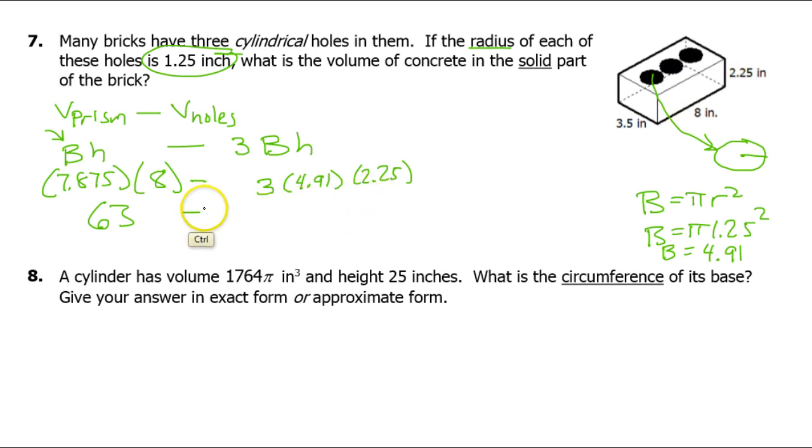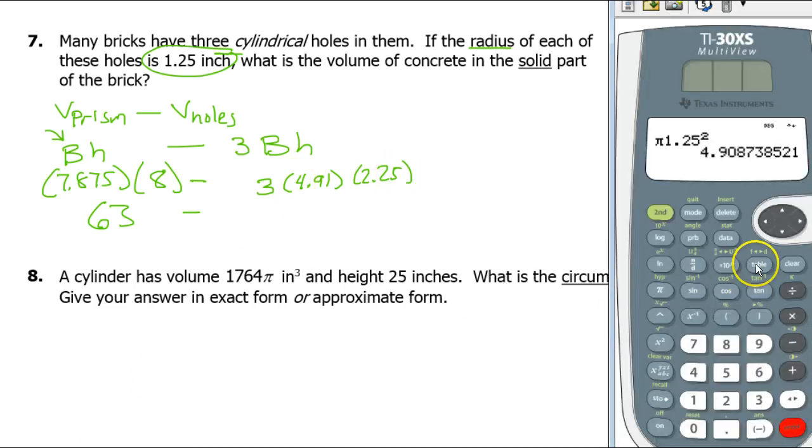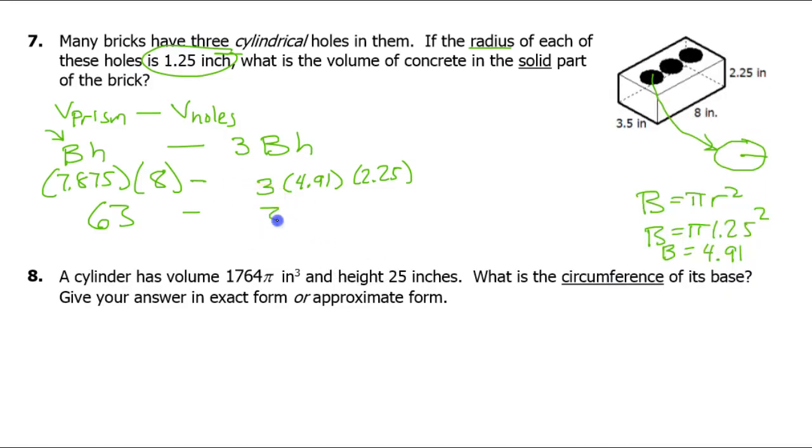Okay, so this is what I need to do. So I've got 3 times 4.91 times 2.25. So that's 33.1425. Okay, so if I subtract these, that should be the volume of the concrete.